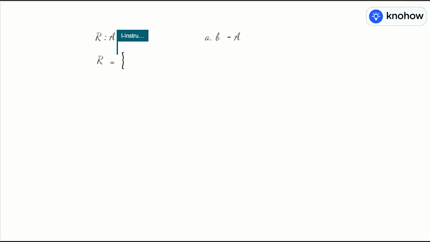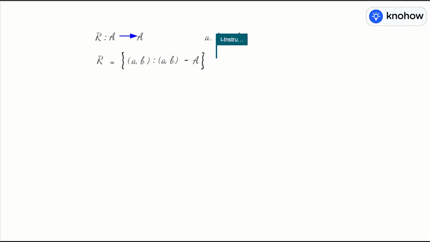R is the set of ordered pairs (a, b) such that a and b belong to the given set A. That is how you define a relation R from set A to itself, that is, on a set A.